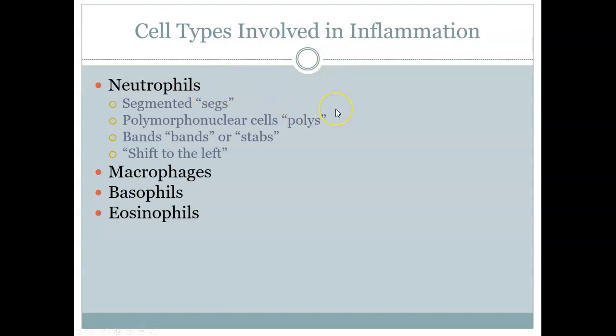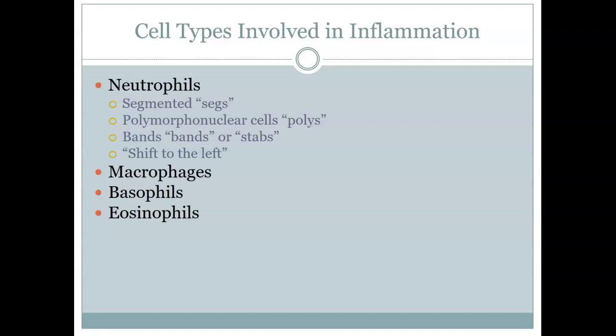First of all, let's look at neutrophils. Neutrophils are used in phagocytosis to destroy invaders. Neutrophils respond to inflammation, and there are different types of neutrophils called segs or polys, segmented neutrophils, polymorphonuclear cells, and then also bands.